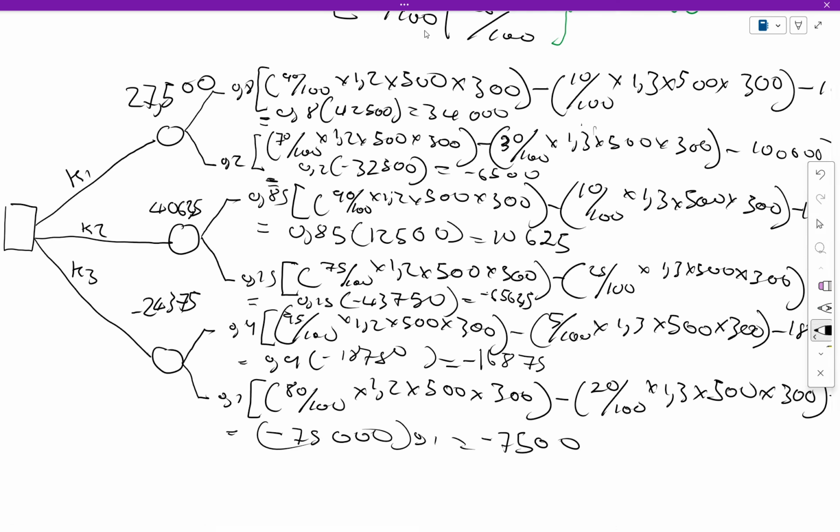Obviously, our best profit margin we can get is this one. Okay, so yeah, we've solved two exercises regarding this approach.